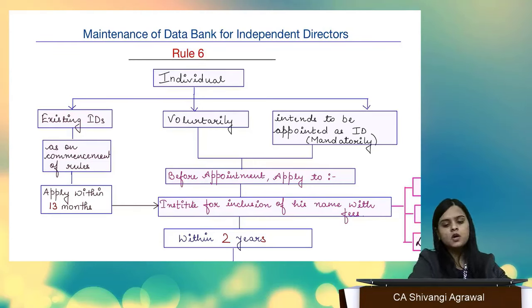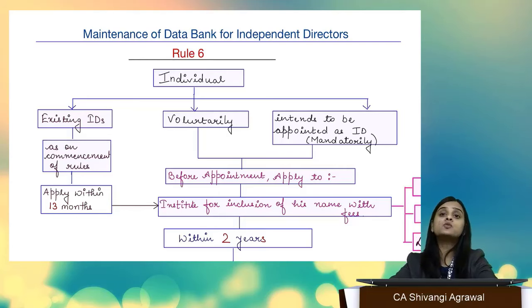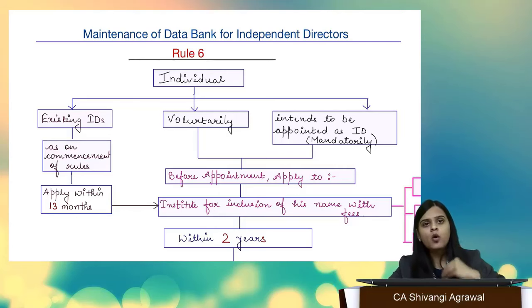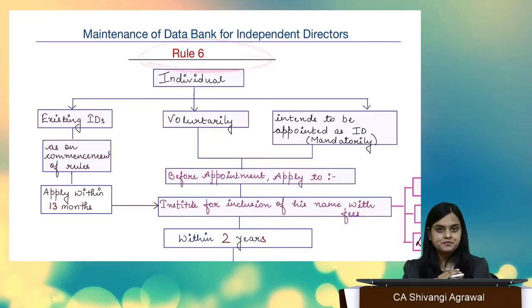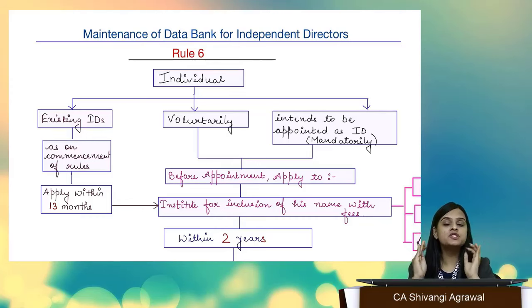Fine. Okay, ma'am. Now we have a rule 6. If I want to be the independent director, or I have been the independent director, I have to comply with this rule 6. What does it tell me? That I cannot be an independent director unless my name is included in the data bank which is maintained by this institute. How do I include my name, ma'am?